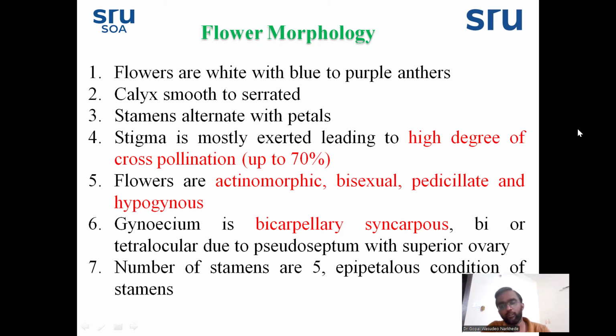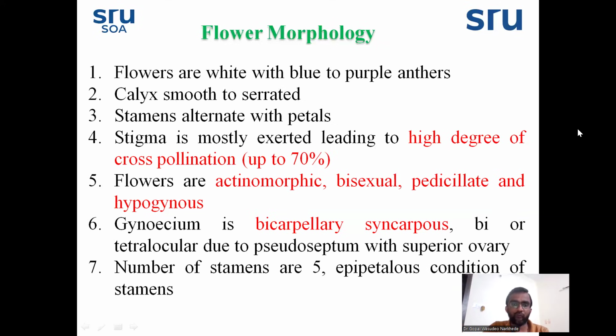I already told you the cross pollination percentage is almost 63 up to 70%. So the flowers are actinomorphic, bisexual, pedicellate, and hypogynous. So what is meant by actinomorphic?